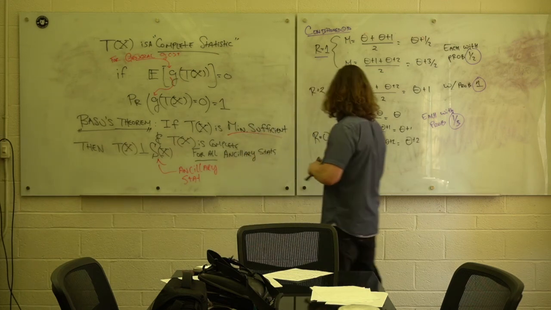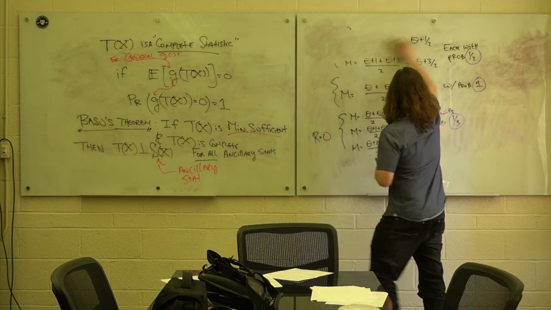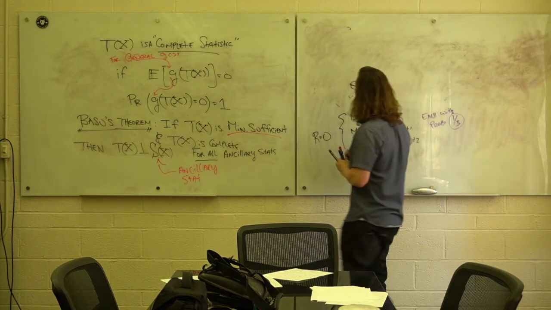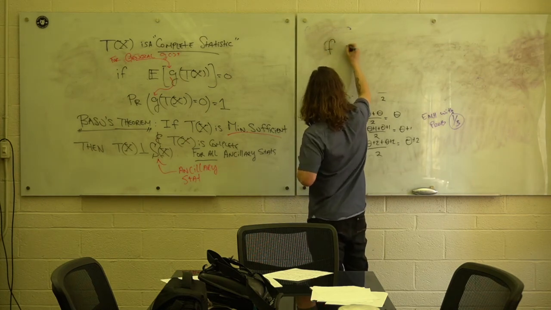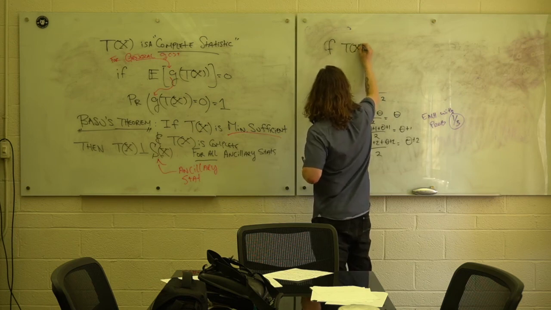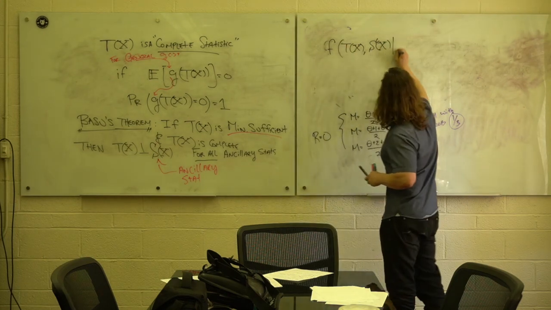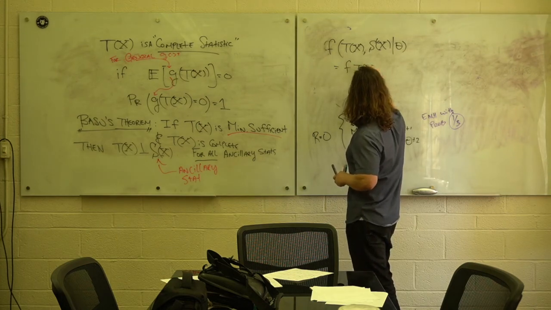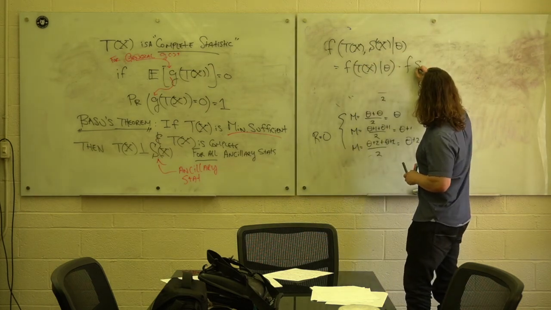What I mean is this. I'll just call it f of tx, and any old ancillary statistic that you can think about given theta is going to be equal to f tx given theta times f sx given theta.